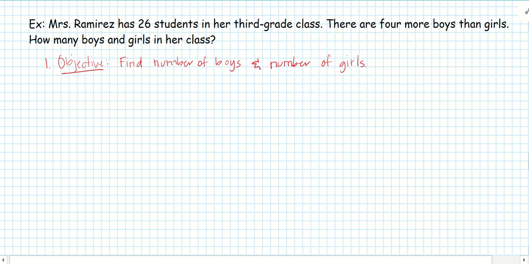Now, the next thing that I'm going to do is I'm going to go ahead and break the application or the problem apart in sentences. So my first sentence says that Mrs. Ramirez has a total of 26 students.